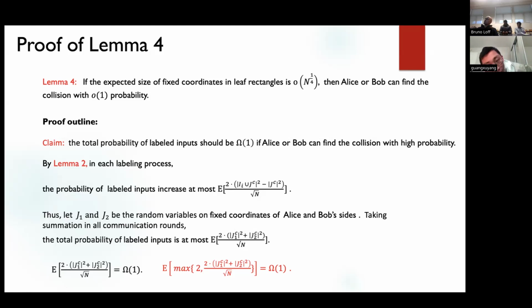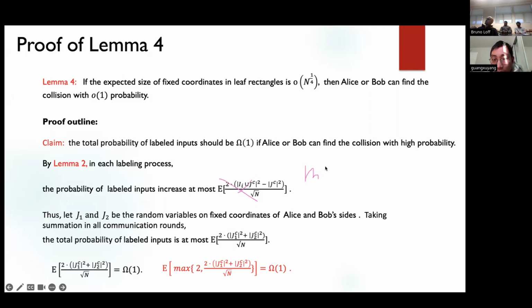Wait, paragraph. Right, so that's only bigger, correct? I agree, but yes, there is some complicated trick. You should not round. That doesn't mean that you should modify number 2. That means that every time the probability of labeled input increases at most the maximum. This should not be modified.